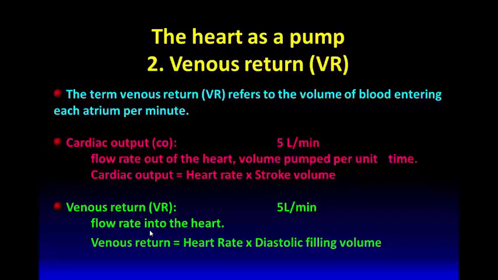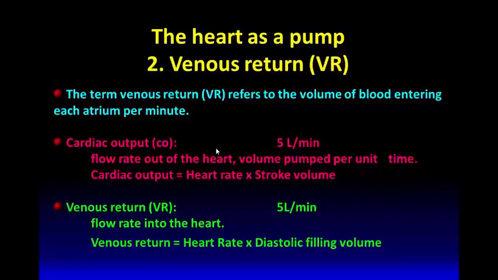Thus, the term venous return refers to the volume of the blood which enters each atrium or each ventricle per minute. Cardiac output at rest is approximately 5 liters per minute, and this is the rate of flow out of the left ventricle and out of the right ventricle into the circulation.